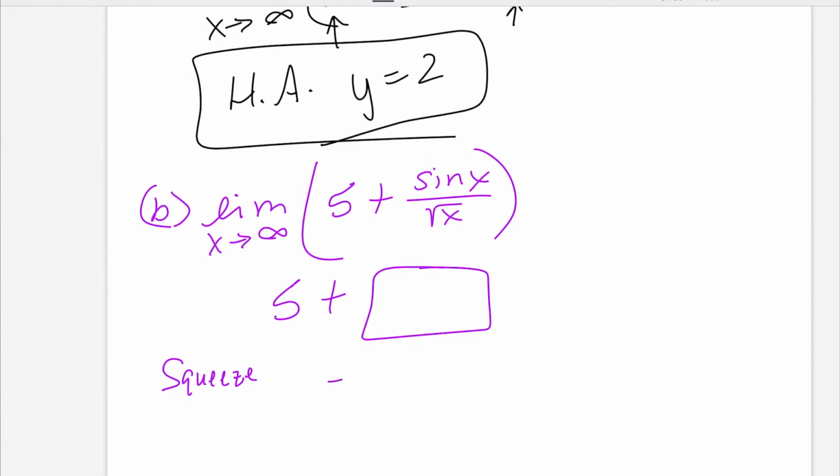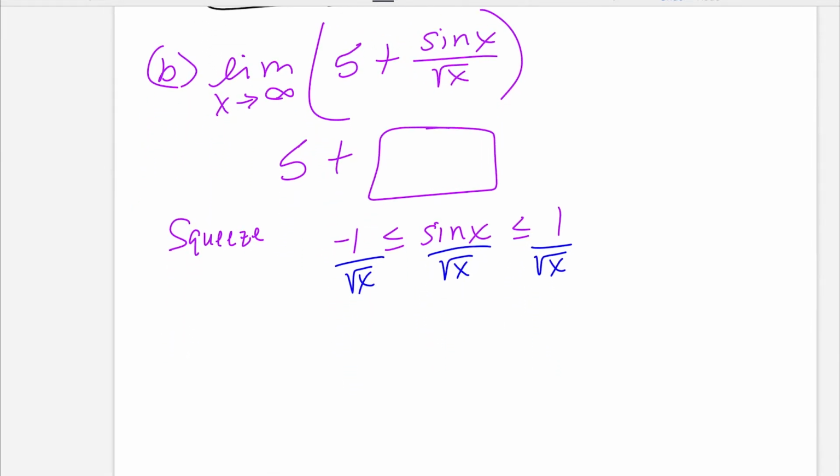We're going to say -1 is less than or equal to sine of x, which is less than or equal to 1, right? Then, because I am dividing by the square root of x, you have to divide everything by the square root of x. Then you take your limit of each one of those pieces.